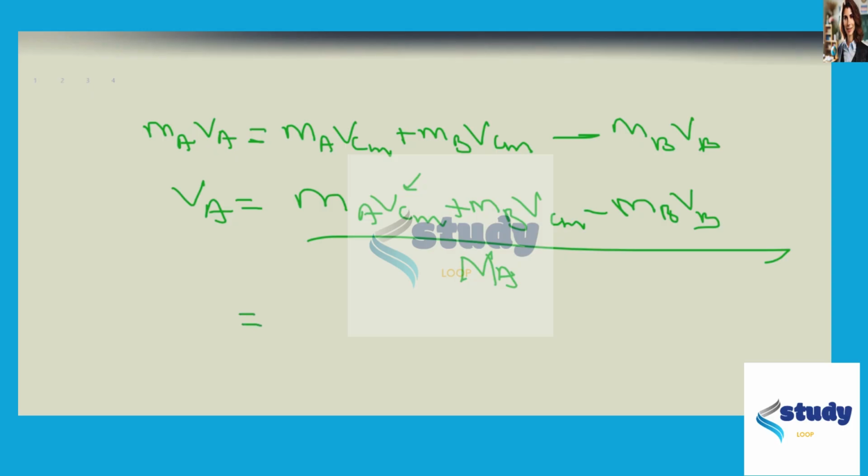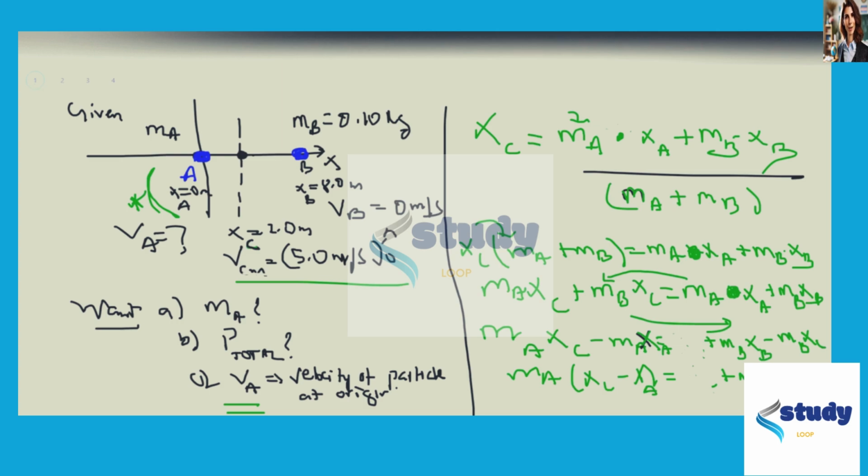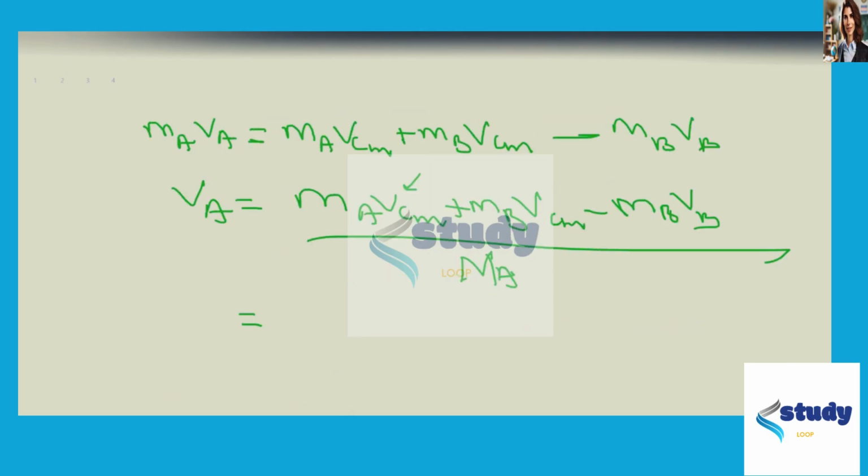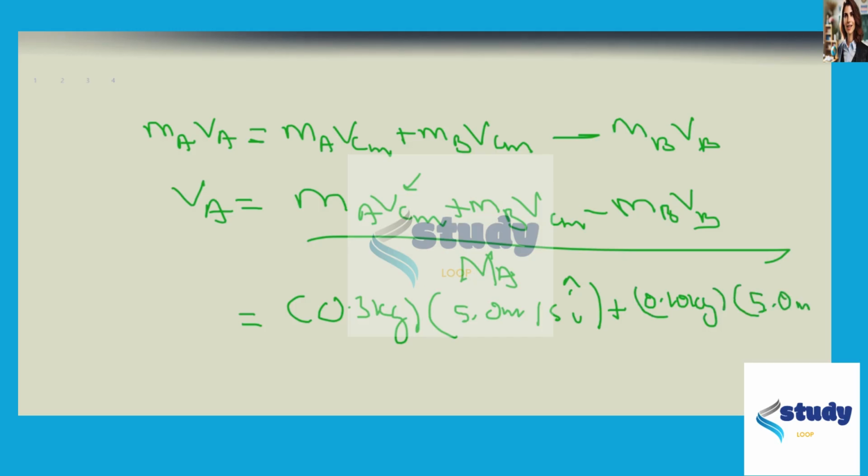So when we plug in the numbers, the mass of A, which we already got in the second part, is 0.3 kilograms, times the velocity at the center of mass, which is 5.0 meters per second I hat, plus mass of B. Mass of B happens to be, if we go back, 0.10 kilograms, times the velocity at center of mass, which is 5.0 meters per second I hat, minus mass of B, 0.10 kilograms, times the velocity at B, which is 0 meters per second.